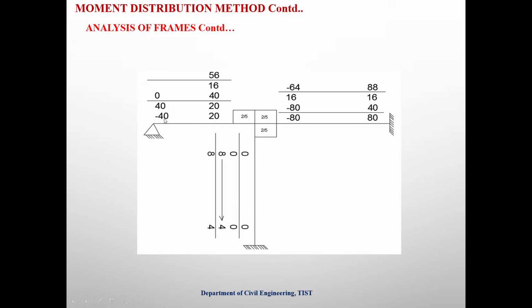So in order to make that moment equal to 0, we have to add plus 40 here. Then when we add plus 40 here, the carryover of 20 will go to the far end. That should be the first step in this procedure. Therefore, the total moment is 40, then minus 80, then 0.